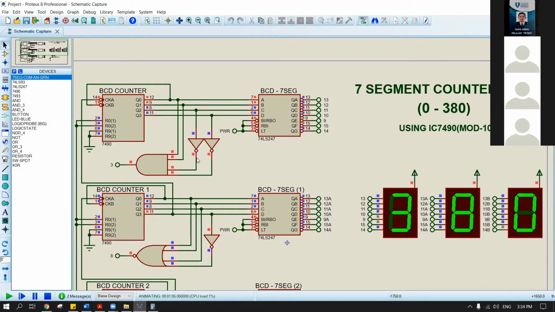So for this number 3, it is supposedly high and low.